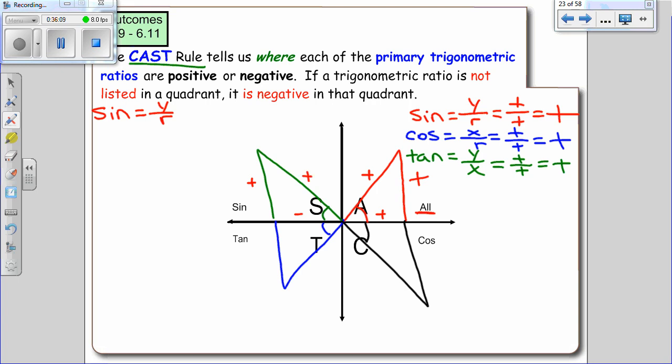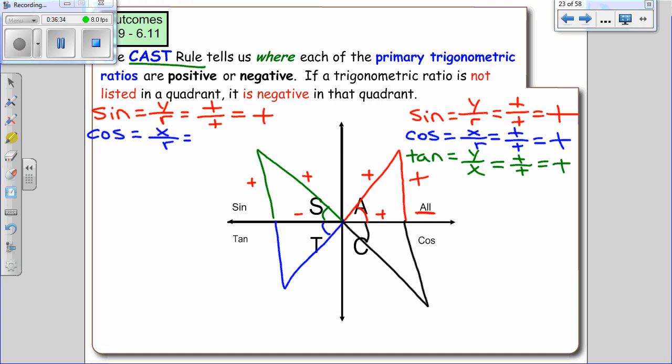If you look at your cosine ratio, cos, which we calculated the other day, is x over r. X in quadrant 2 is negative, divided by r, which is a positive, and negative divided by a positive results in a negative.